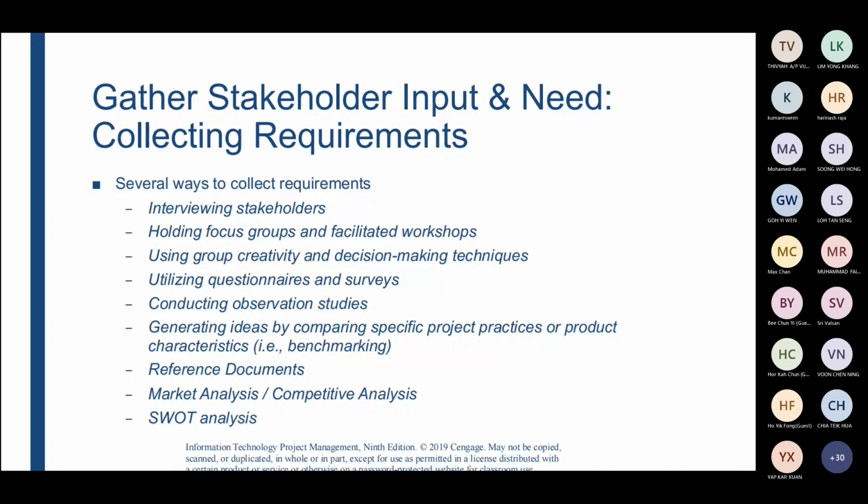Next, you can also do observation studies. Another method, observation studies. Observation can be carried out at the current office, current environment, or future environment, if it is available, and observe how they carry out things.